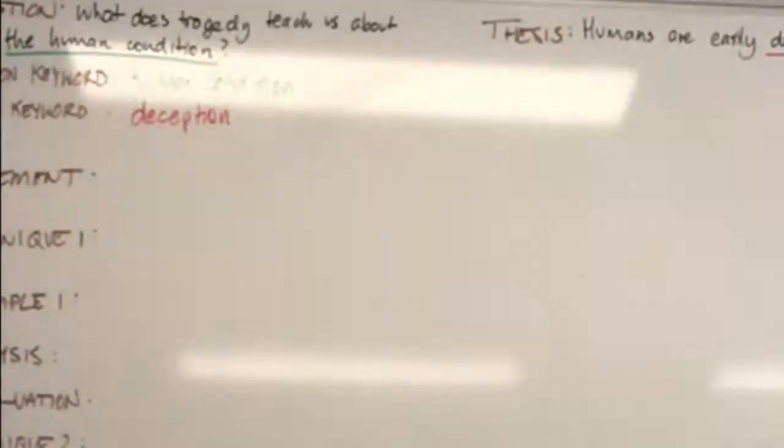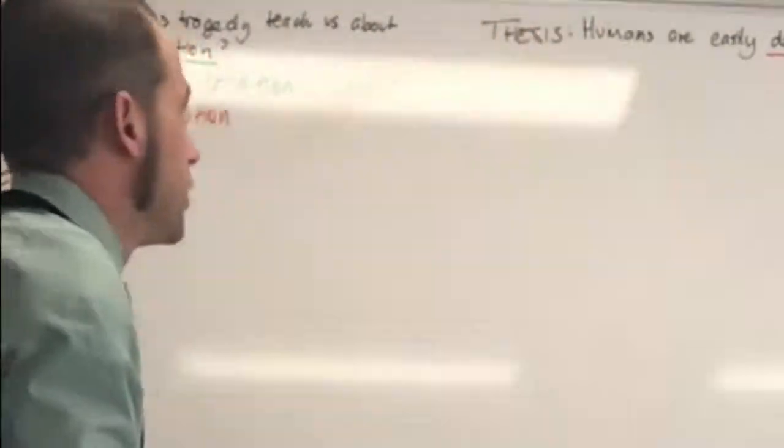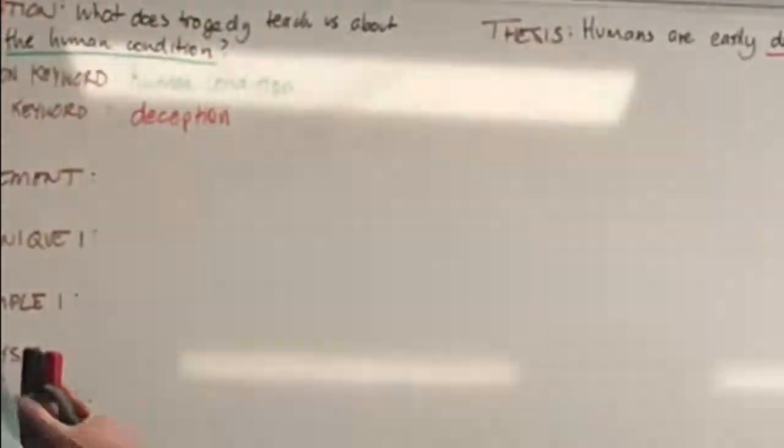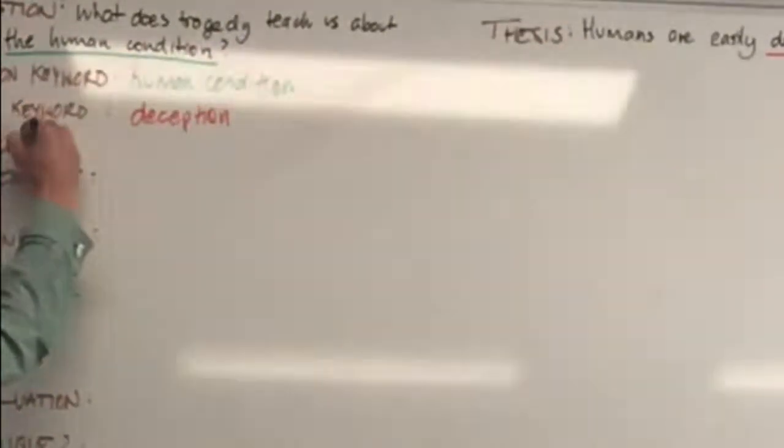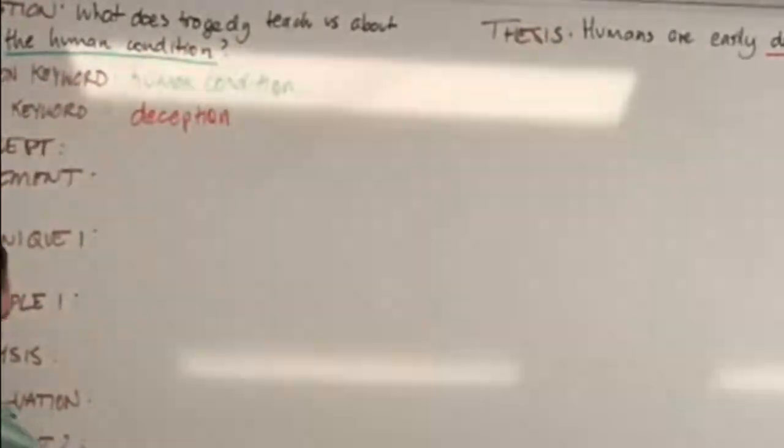So the next thing I need to have is my concept for the particular paragraph that I'm going to do. Now in this paragraph, we could do the concept of power. And I'm going to use blue for that.